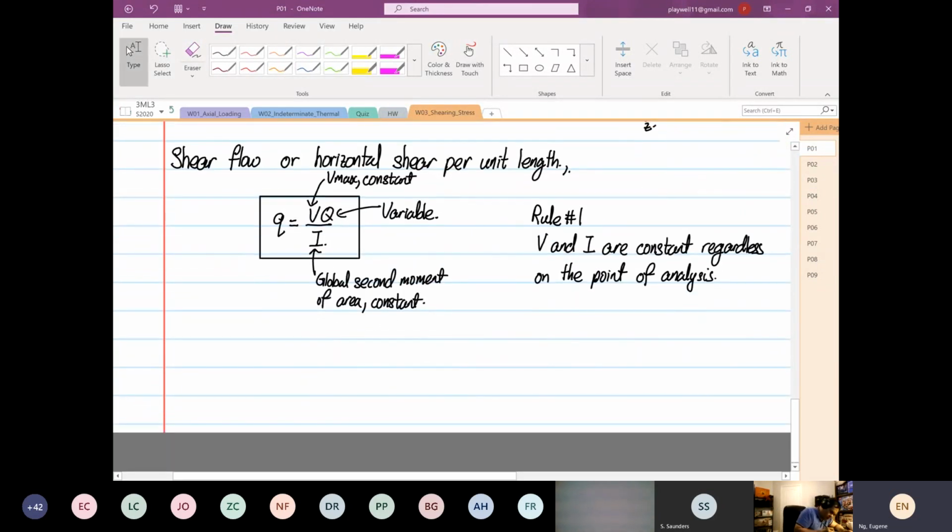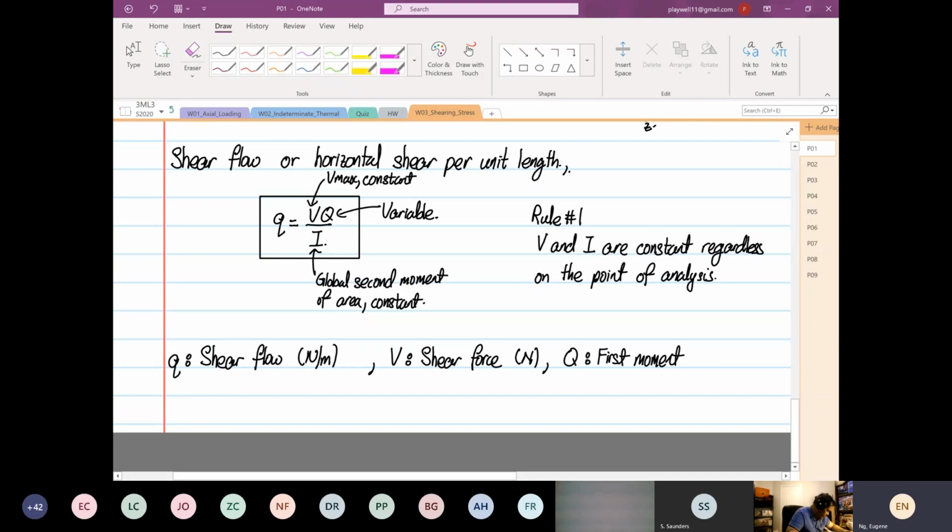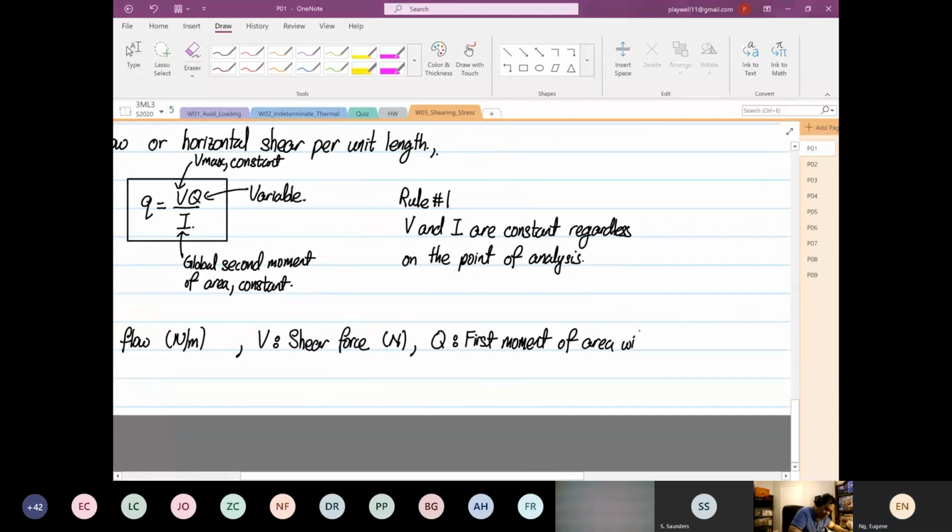Where we have Q, the shear flow, and this is in Newton per meter, and V corresponds to your shear force, which is in Newton, and Q is your first moment of area with respect to the centroid.